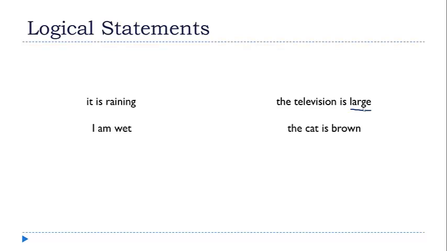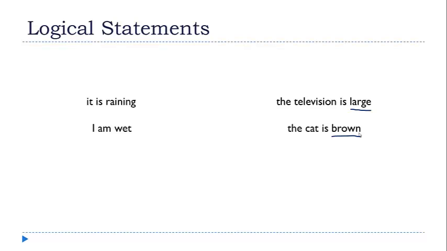There's just too much room for interpretation there over what large means. Similarly down here with the cat is brown. Where's the line between brown and tan, and brown and orange? There's just too much ambiguity there for us to classify that as a logical statement that is unambiguously one way or the other.